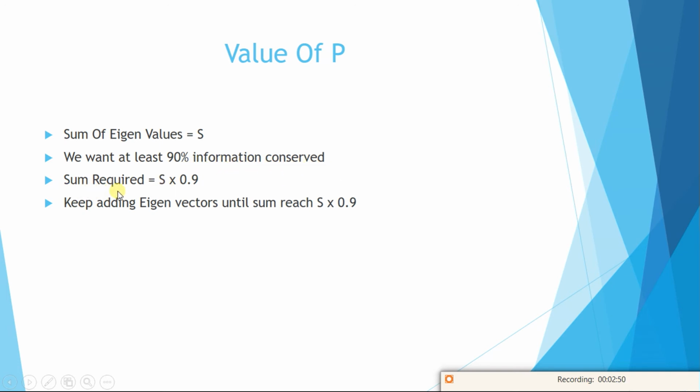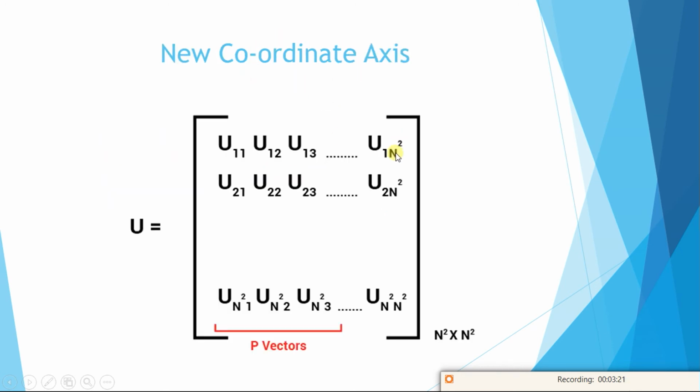So we make a new variable, required sum, s into 0.9, and we keep adding eigenvalues from the first one until the sum reaches s times 0.9. That gives the number of eigenvalues which represent 90% of the whole sum, and by this we can easily find the value of p.